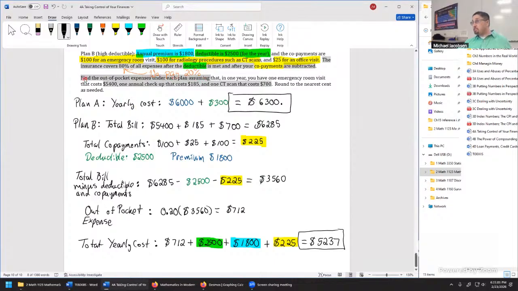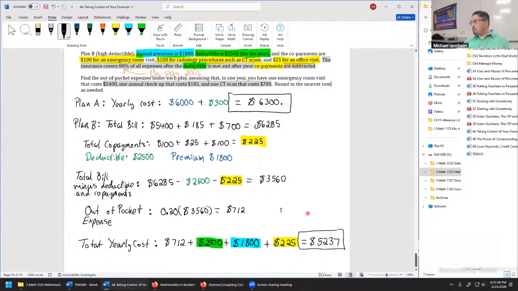Find the out-of-pocket expenses under each plan with the assumptions of the medical events that happened for this individual. So plan A actually looks kind of worse, right? It costs more. Plan B came out to less. But this is in one specific situation, and it's easy to imagine that if one of these bills, say the emergency room visit, was much worse, an order of magnitude, say 10 to the power 4 or 10 to the power 5, then this starts to become a nightmarish kind of picture.